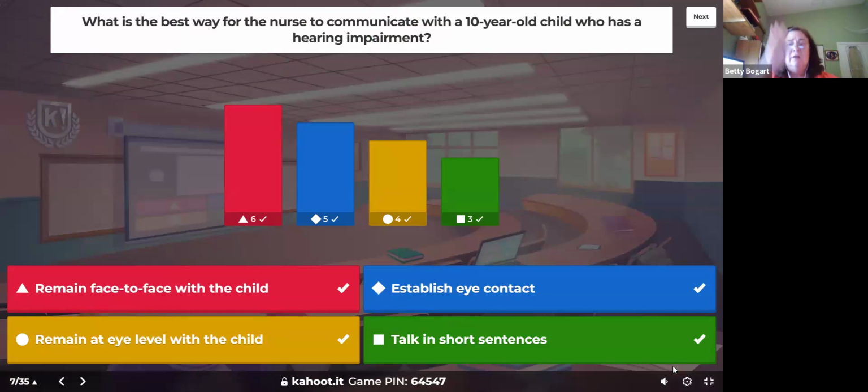Remember, eye level next to them, looking at them, and using very short sentences, and not over-exaggerating. You tend to want to talk louder, you want to over-exaggerate, and that's not what we should do. Short sentences and just talk normally, face to face, eye to eye.